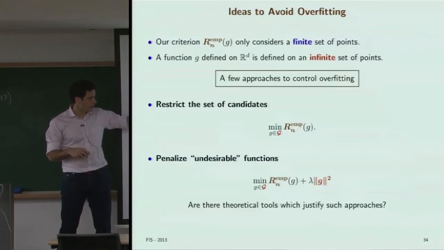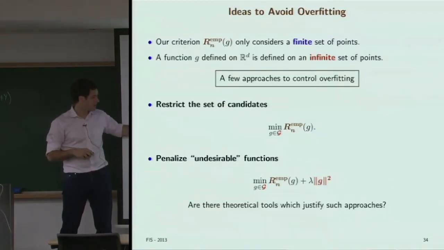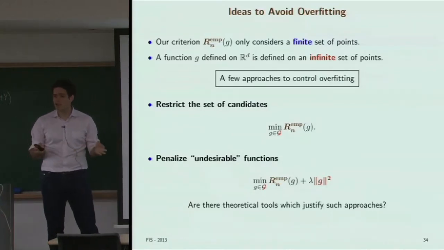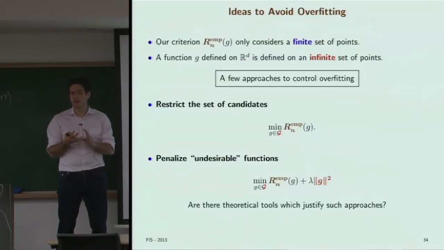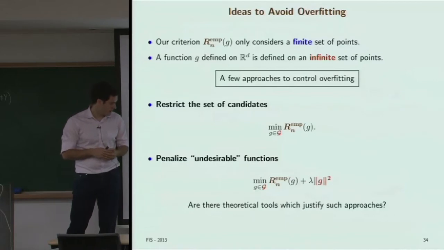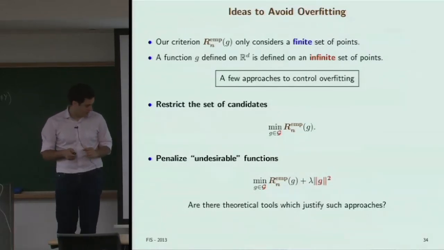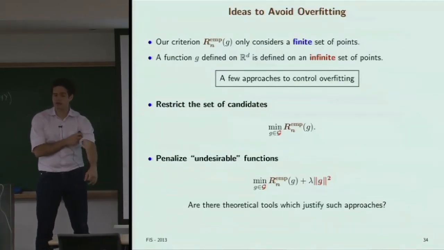So to control overfitting, the first approach which we will discuss is to restrict the set of candidates. That is, instead of looking for a function g that is in a set of functions in a very broad sense, we will say we want the function to be linear, to be quadratic, to be of this sort, etc. And the other one is penalized approaches. So here I'm telling you that those are 2 good ideas, but why exactly?